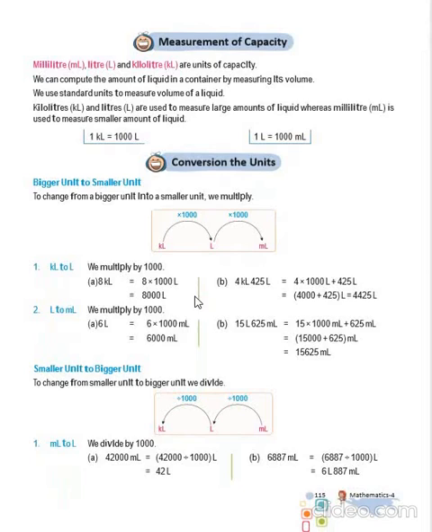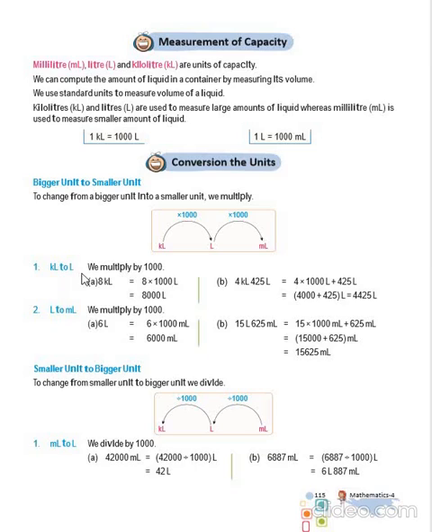Now measurement of capacity. Milliliters, liters and kiloliters are used to measure the capacity. Remember, 1 kiloliter is equal to 1000 liters. 1 liter is equal to 1000 milliliters. Now let's understand the conversion of the units.